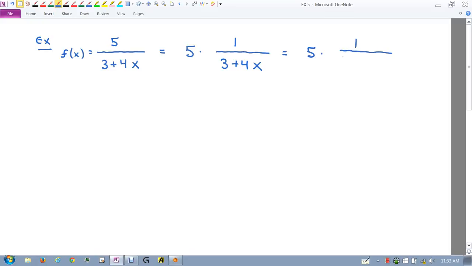It'd be like this, wouldn't it? 3 and then 1 plus what? 4/3 x. Yes? And that 3 can actually come out underneath the 5, so 5/3 times 1 over 1. How about I rewrite that as a minus negative 4/3 x.